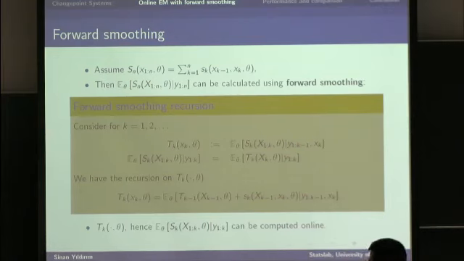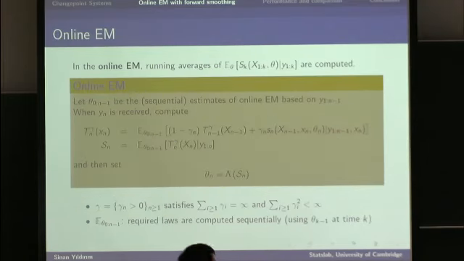Hence, the expectation can be computed online, and this opens the door to our online EM algorithm. So in the online EM algorithm, running averages of those expectations are computed. And we introduce a stochastic approximation to the forward smoothing recursion by using our previous estimates for the parameters.